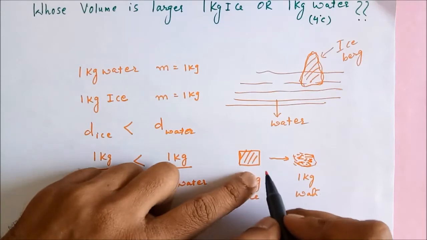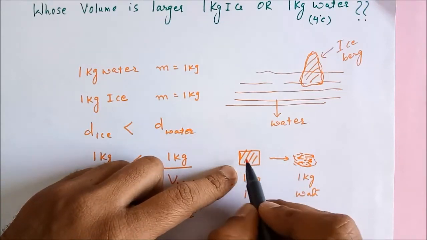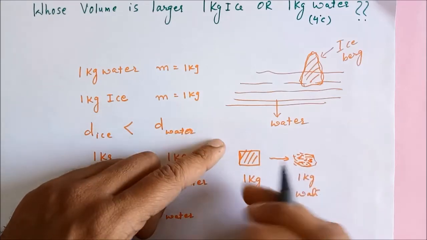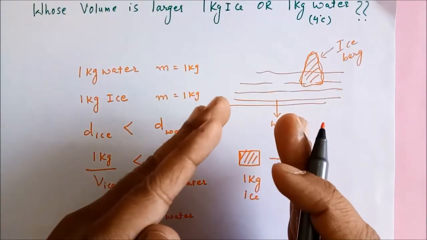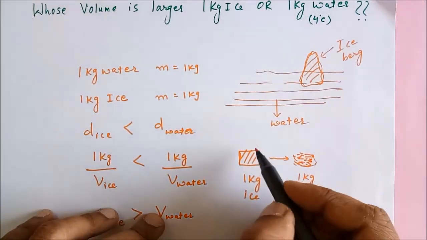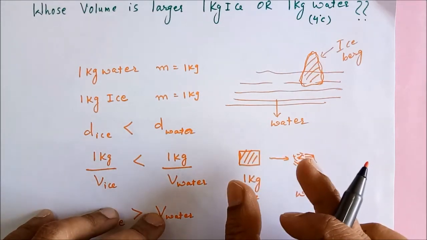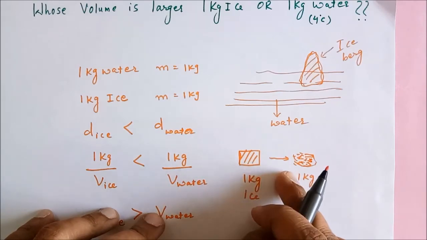Now from ice to water, the density should increase. So for increasing the density, mass remains constant, so the volume has to contract. So the piece of ice, when it converts into water, it actually contracts, so the volume decreases.